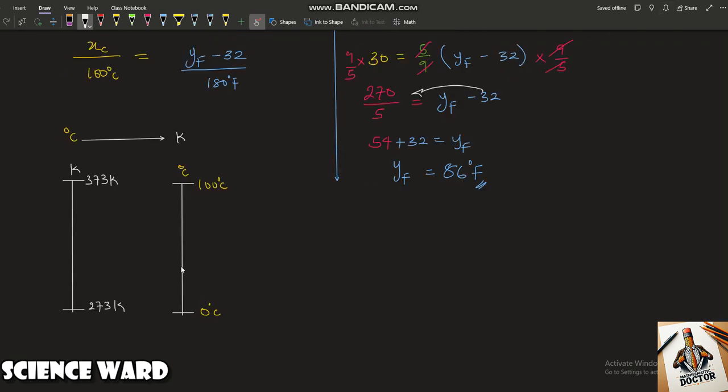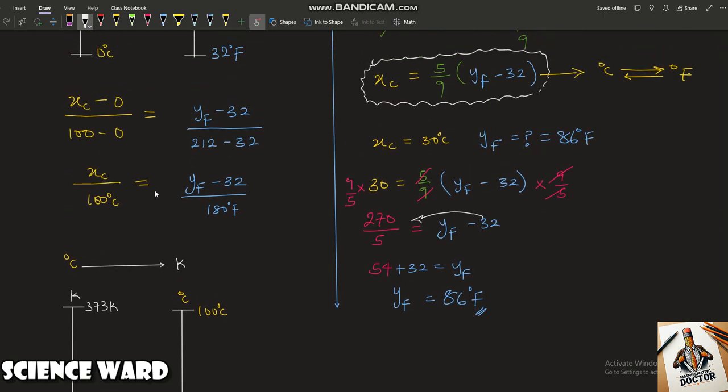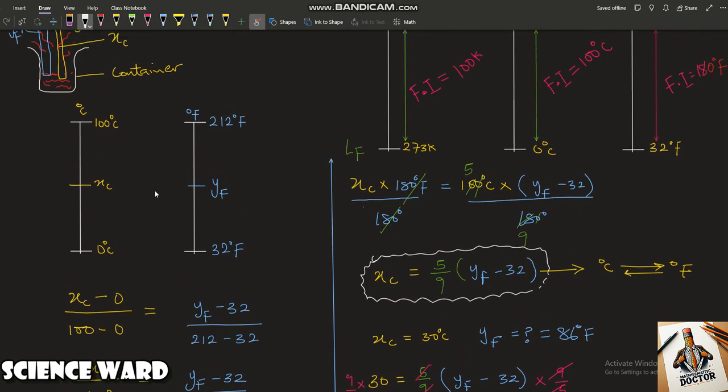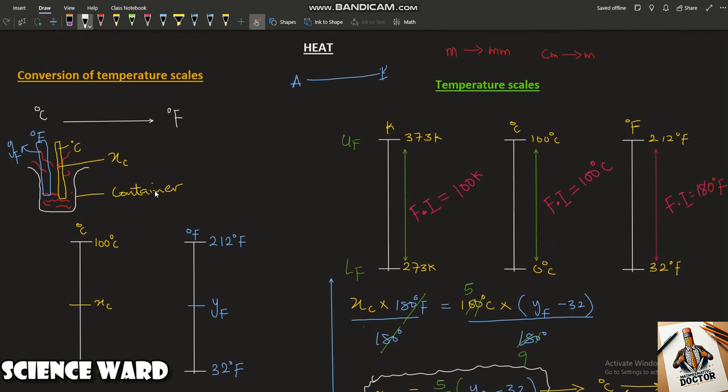Okay, so here are the two scales in this case. Now that we've been able to draw the two scales, I hope you have done the same. I want to remind you of how we proved the first relationship. Let us take some steps back. Do you remember that this container contains a particular warm or hot liquid?